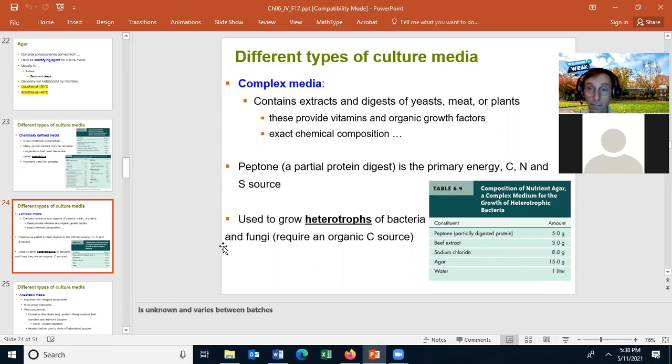For example, in this media here containing peptone, beef extract, sodium chloride, agar, and water, we don't know all the molecules in the beef extract because different cows will be eating different things, and so different cows would have different molecules in them, which would mean that the complex media from one cow could be different from the complex media from another cow. Do you understand that?